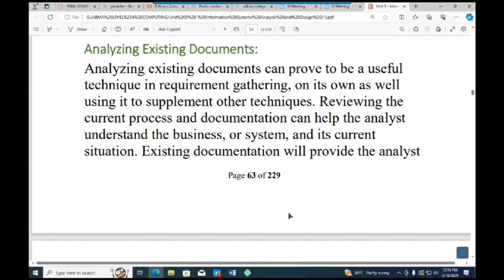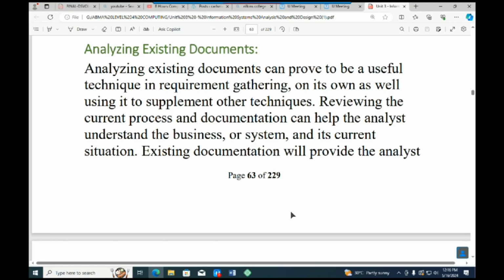Also on its own, when you are actually using it to supplement other techniques. In other words, you can use analyzing existing documents as a technique together with other techniques. It is going to help the analyst to understand the business, also to understand the system, or to understand the current situations.